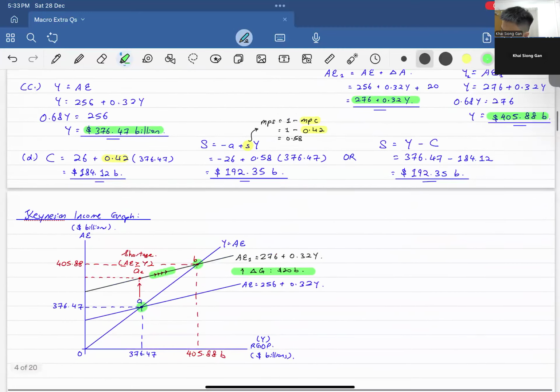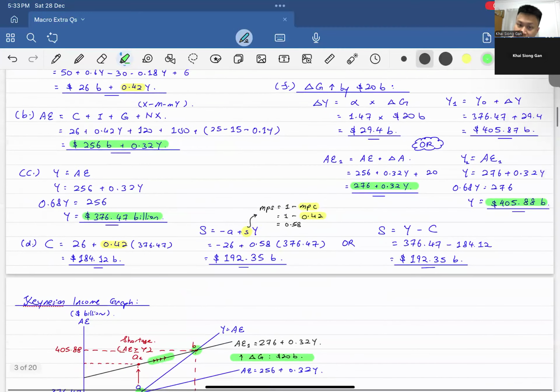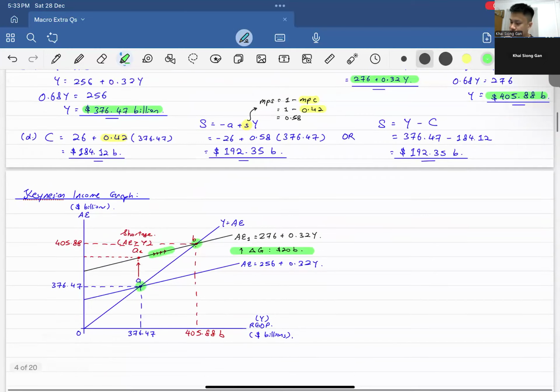So this is how the graph looks if I were to show the impacts for question F just now. Okay, so this is the graph.